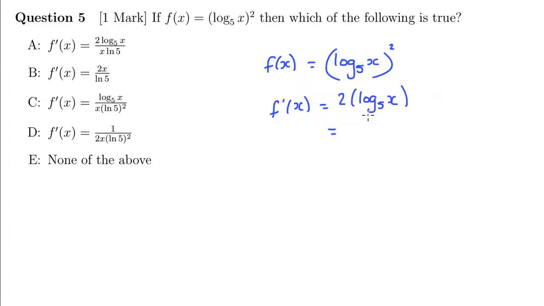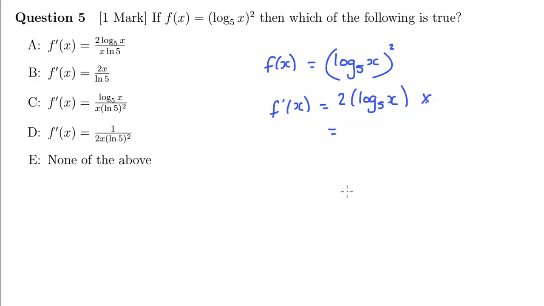Now at this point you could guess the answer is A, because that is the only answer with that in as part of its answer. But what we should do is carry on and then multiply by what you get when you differentiate log to the base 5 of x.